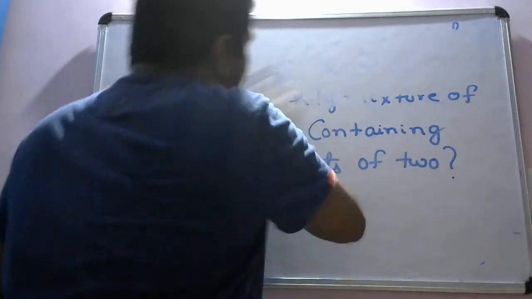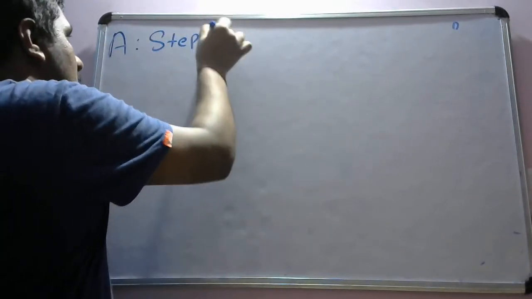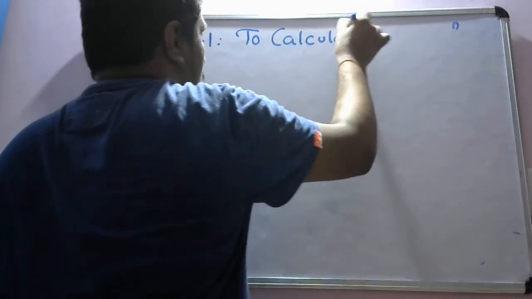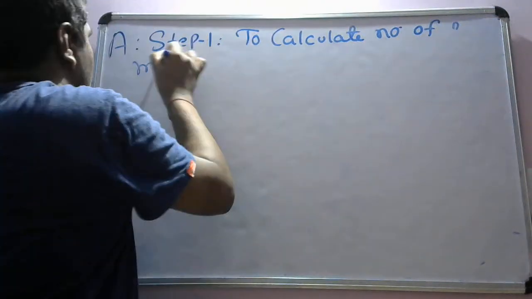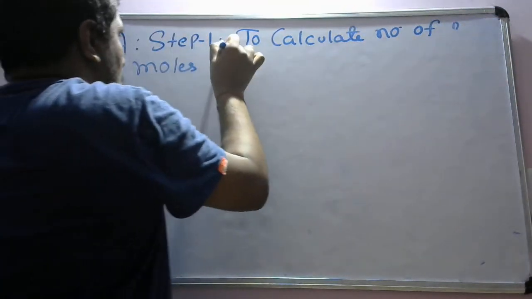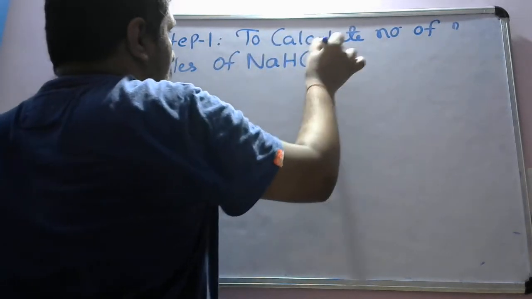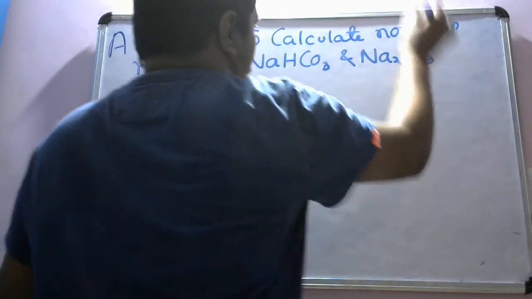We will begin with the first step, to calculate the moles of all the components in the mixture. Step 1, to calculate the number of moles of NaHCO3 and Na2CO3 in the mixture.